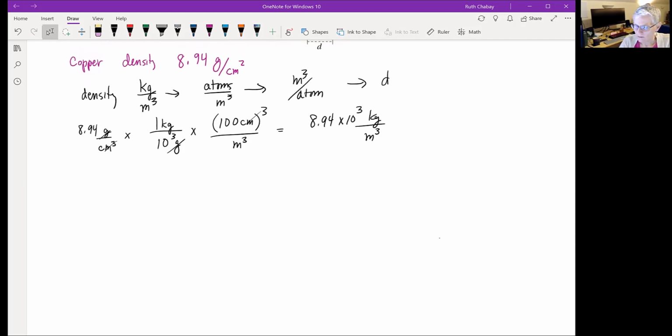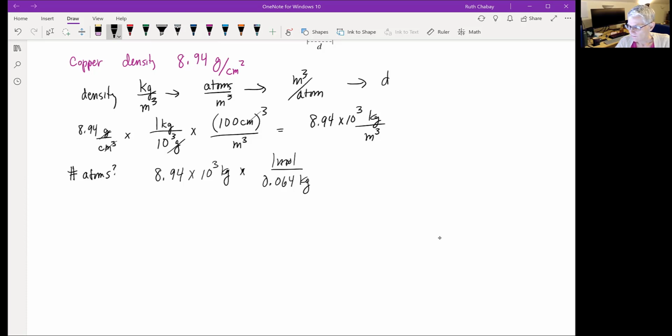Now, how many atoms? Well, we have 8.94 times 10 to the third kilograms, and we know that 1 mole of copper is 0.064 kilograms, 64 grams.